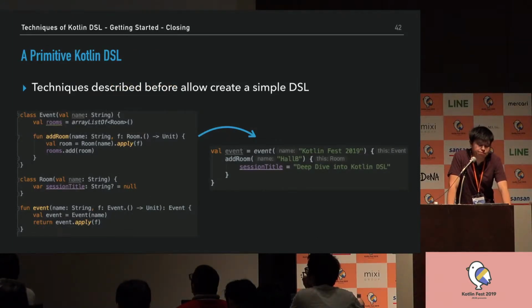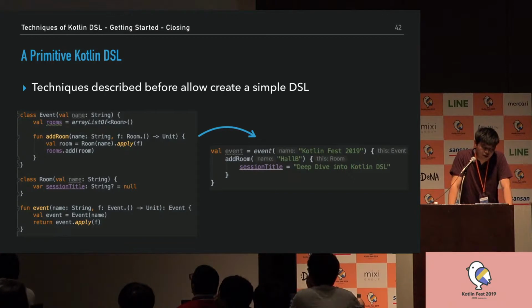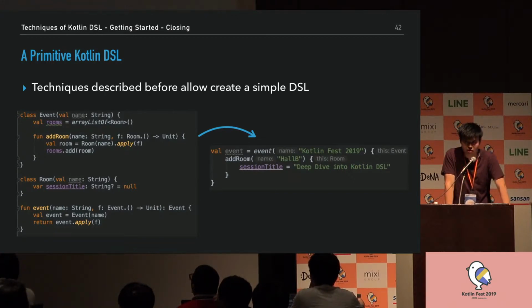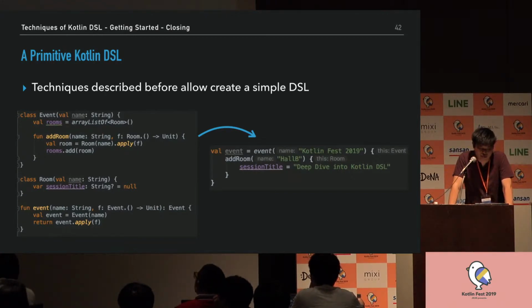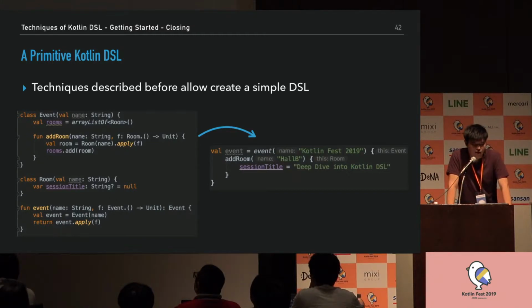To be honest, you can create a primitive Kotlin DSL from scratch with only these techniques. Type-safe builder is a good example. It's a good design pattern. Lambda expressions and functions with receiver will make it smarter to build entities.